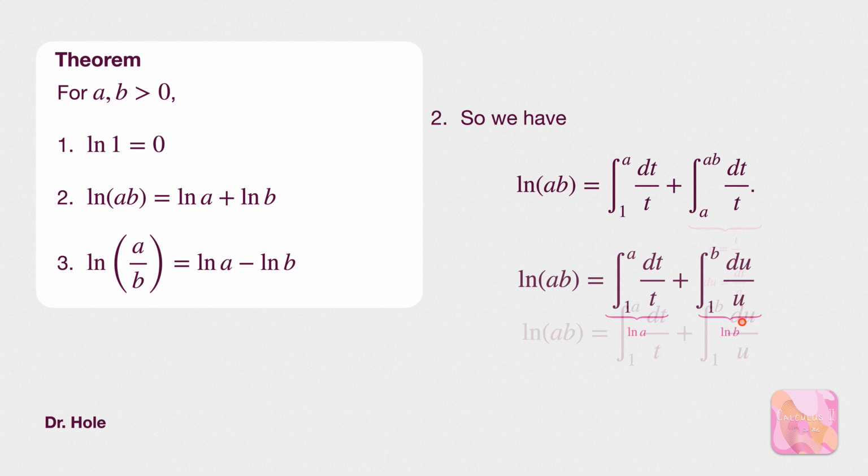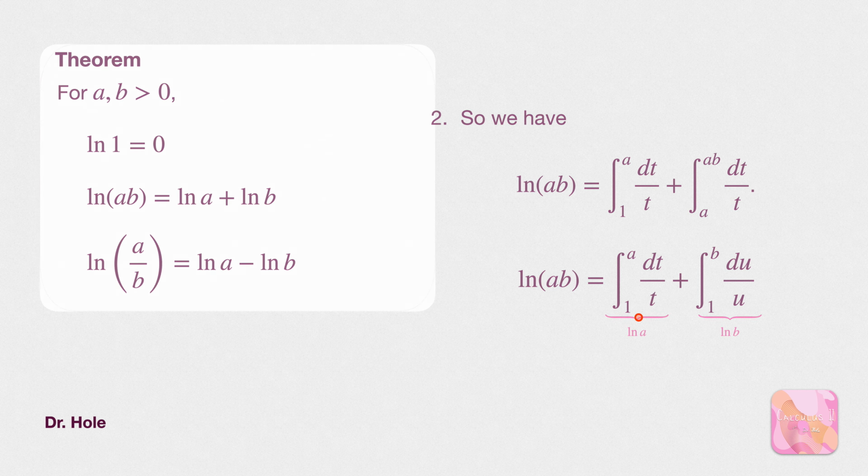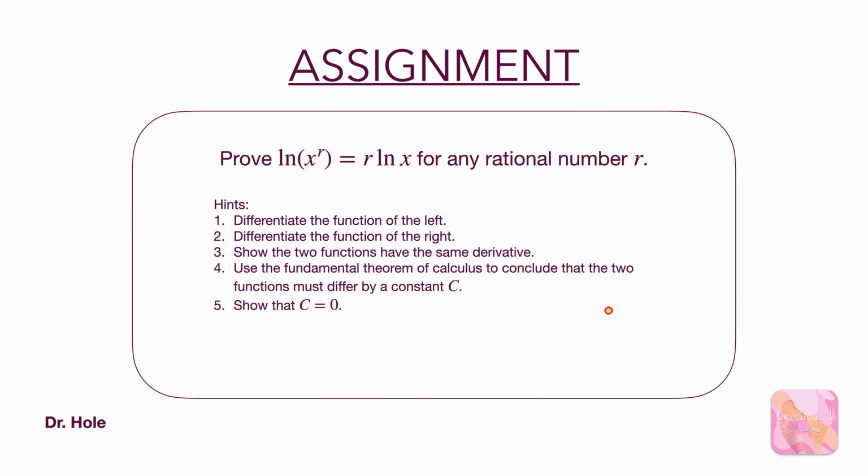It is exactly the natural log of b. Recall that u is a dummy variable just as t is a dummy variable. These are definite integrals, so we have the natural log of b plus the natural log of a, establishing that second part.